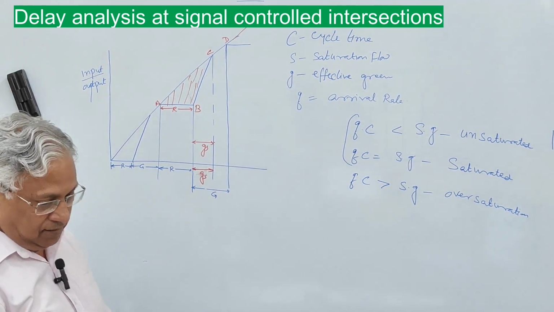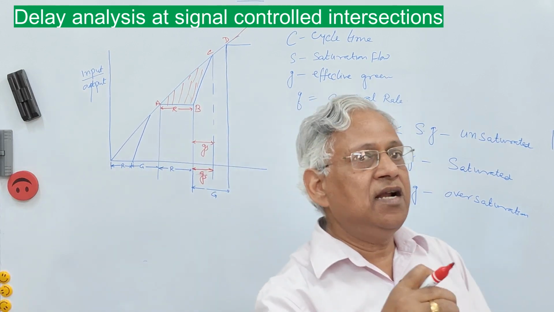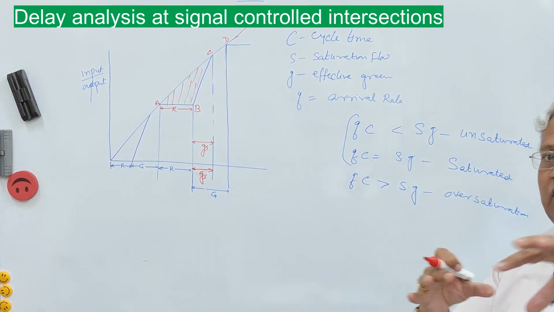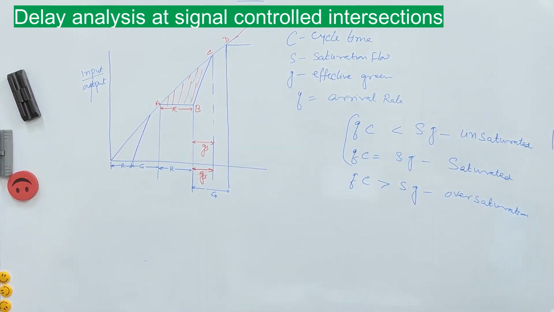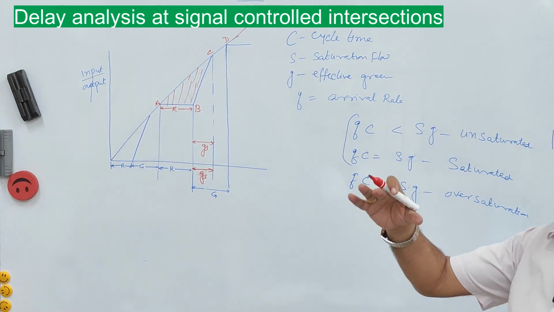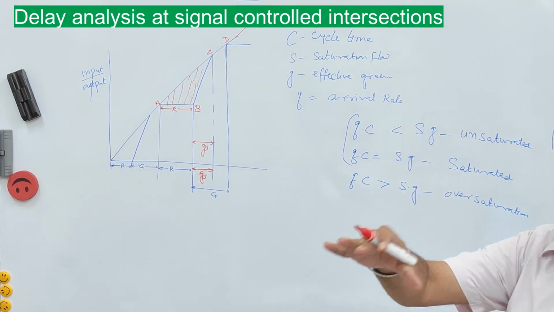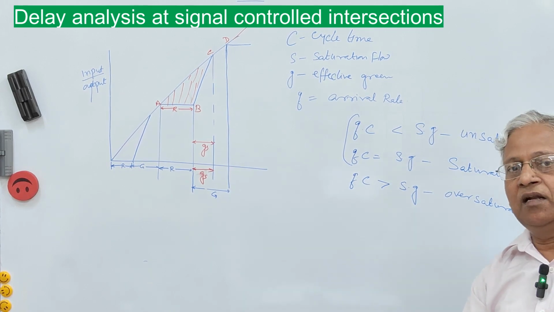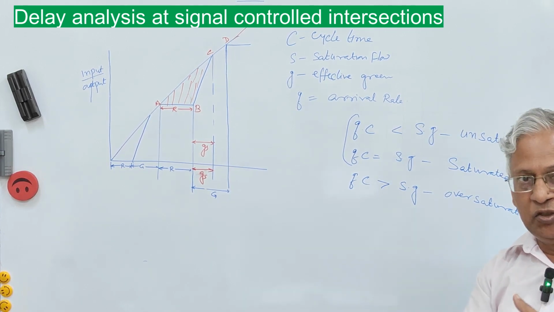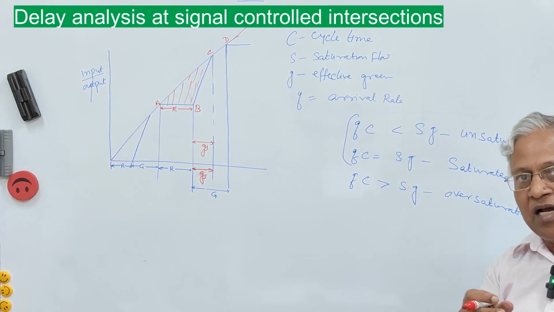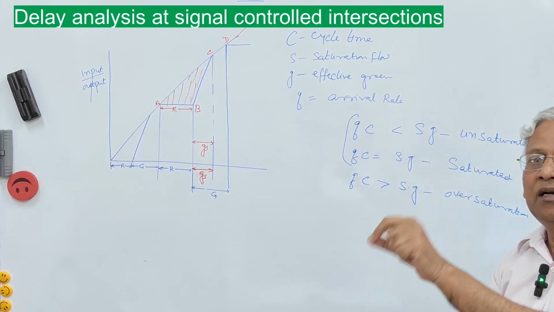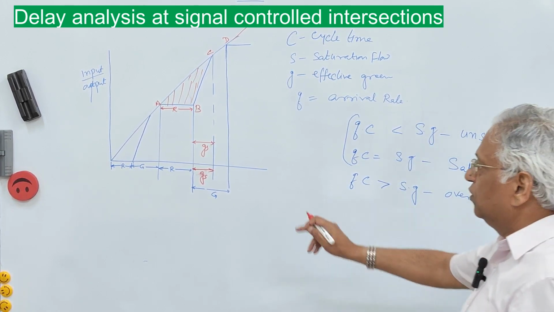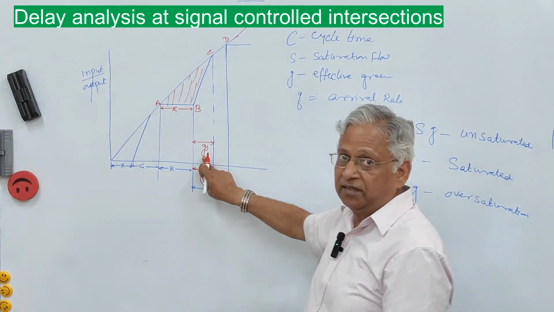Now, what is this time GS? Saturated green. When the traffic light turns green, the queue formed behind the stop line will start moving, and it is not that the entire queue will dissipate immediately. So, other vehicles which are coming to the intersection will join the queue until the last vehicle in the queue comes to the stop line. So, that is the saturated green.